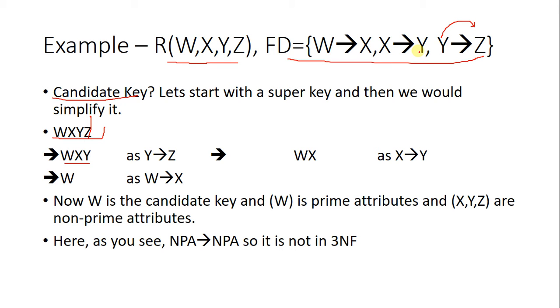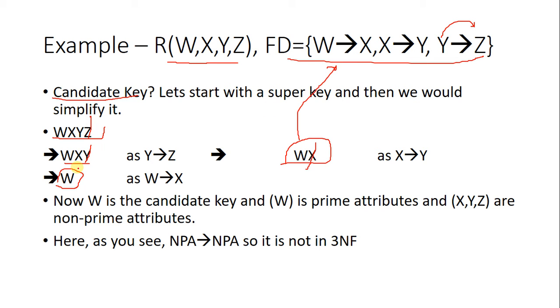As we have x here, we can get rid of y. And again, from this relation, if you have w, x can be derived, so we can remove x, and we are left with w only.